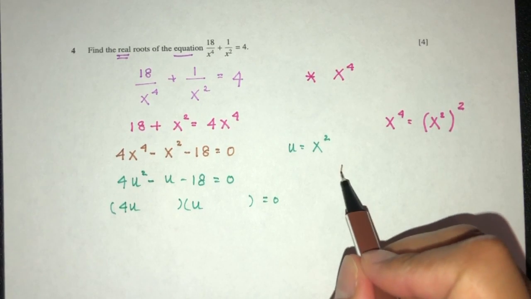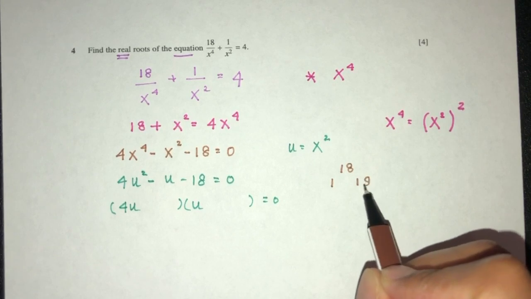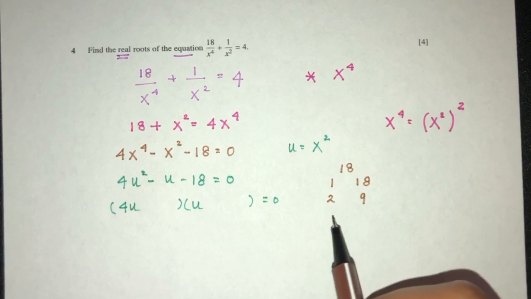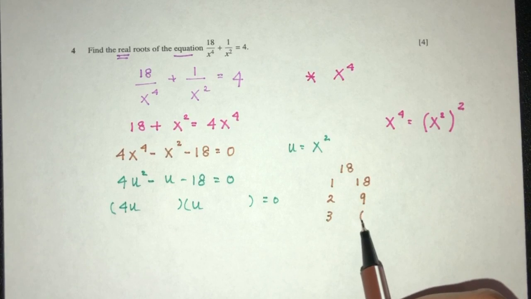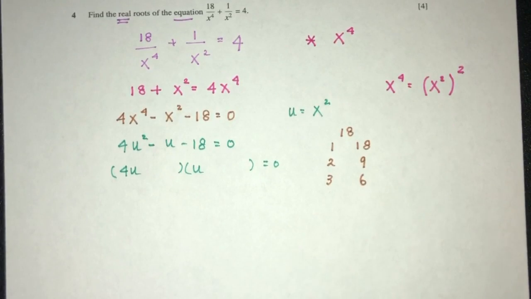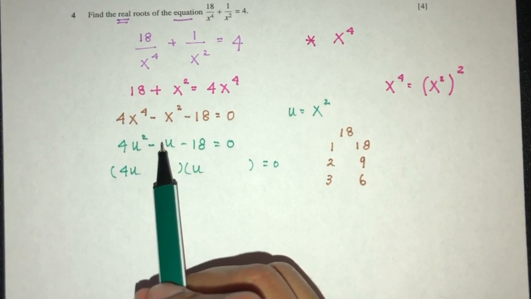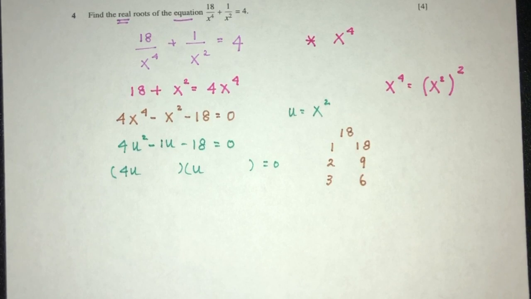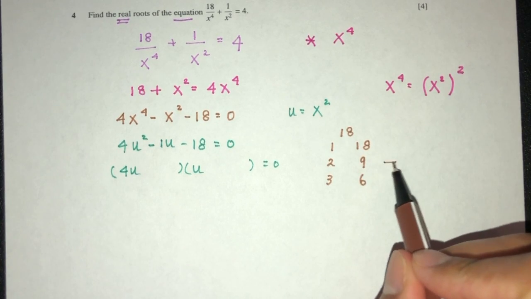Now we know 18 is what? 18 is 1 times 18, 2 times 9, 3 times 6, and that's about it. Now again, it seems it's not working out, because I have to try one by one and see which one makes sense for it to give me minus 1. But in this case, I don't see anything working, so I can try, actually this one is fine. This one is good actually.